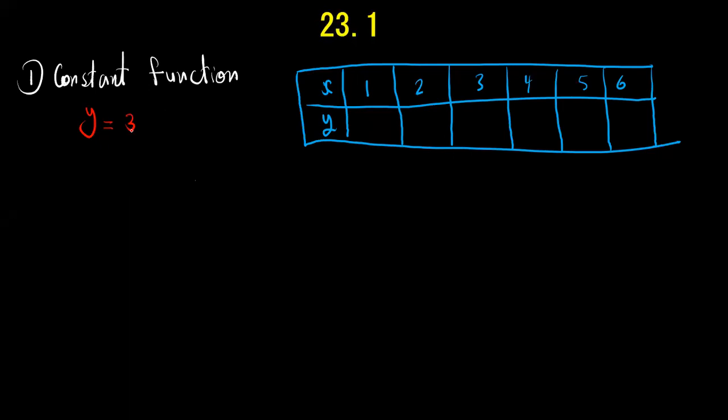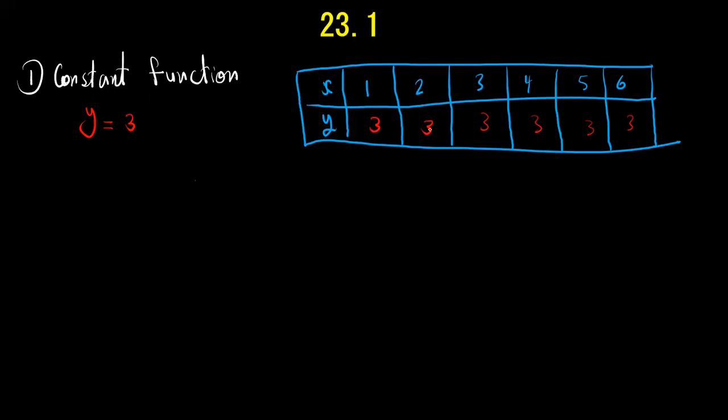So y equal 3. If I want to fill this blank, I will put y equal 3. If x equal 1, y will be 3. If x equal 2, y will be 3 also. 3, 3, 3, 3. So this is a constant function because if x changed, y will not change. Y is still the same.